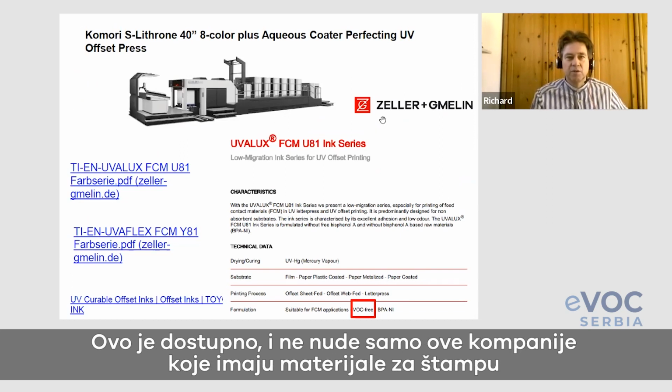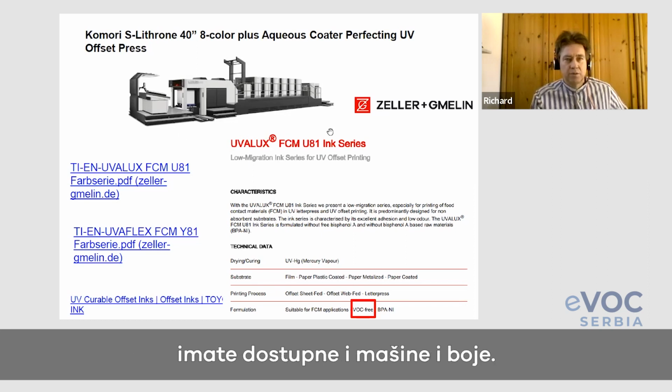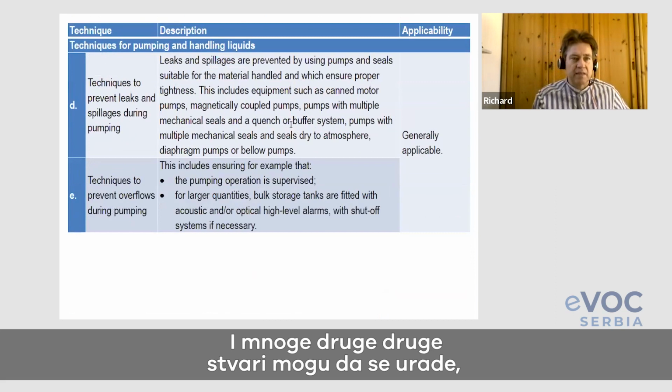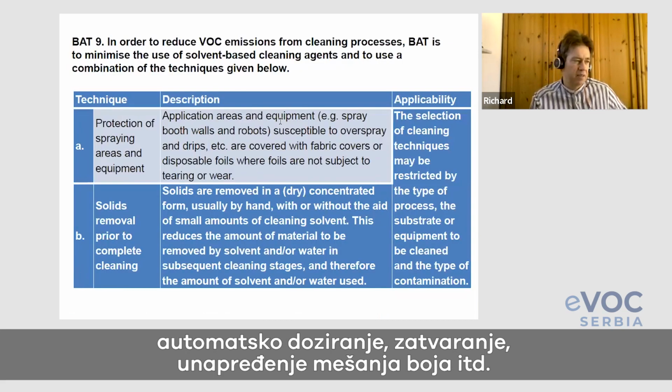And it's not only a few companies that are offering such machinery. You have printing materials based on UV, and you have this machinery and paints. There can be a lot of other things done, as I told you: automatic dosing, closing the paint supply, improving the mixing, and so on.